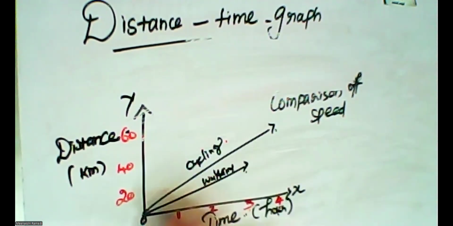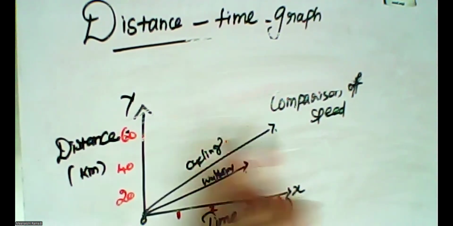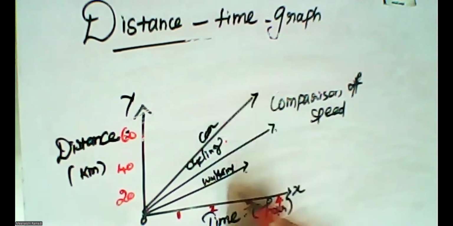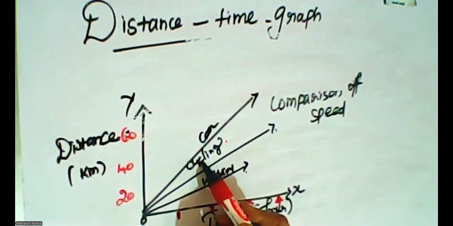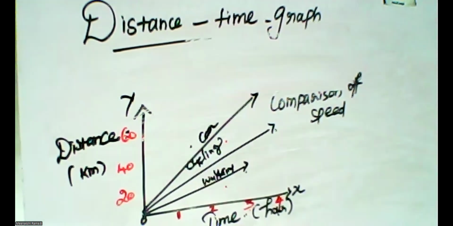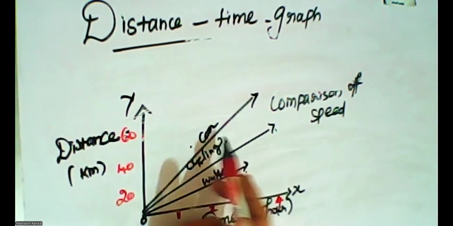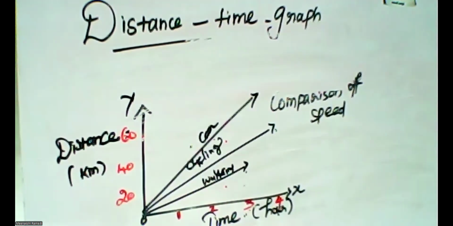In 4 hours he crossed nearly 50 kilometers. The next person used a car. So compared to walking and cycling, the third person crossed that area by car. So the speed of the car is higher than cycling and walking.